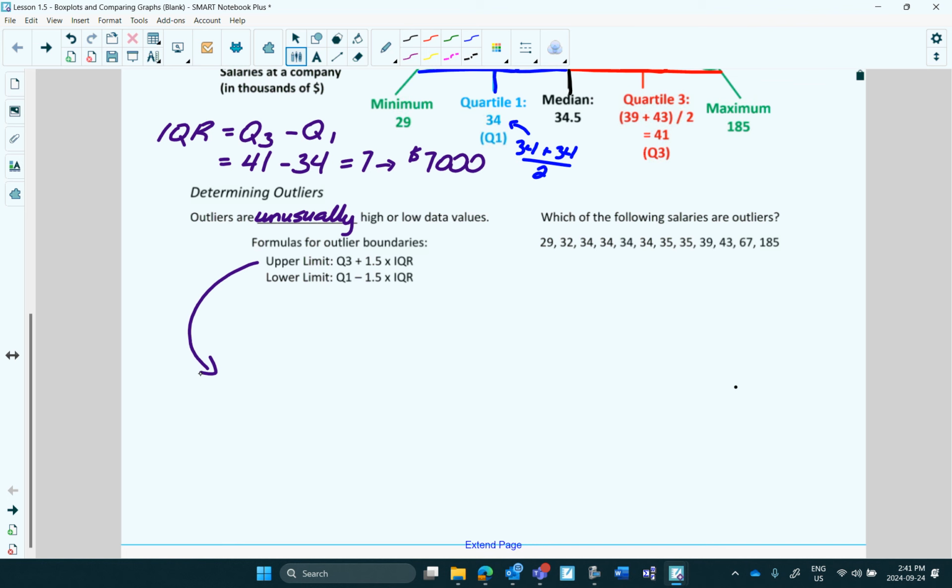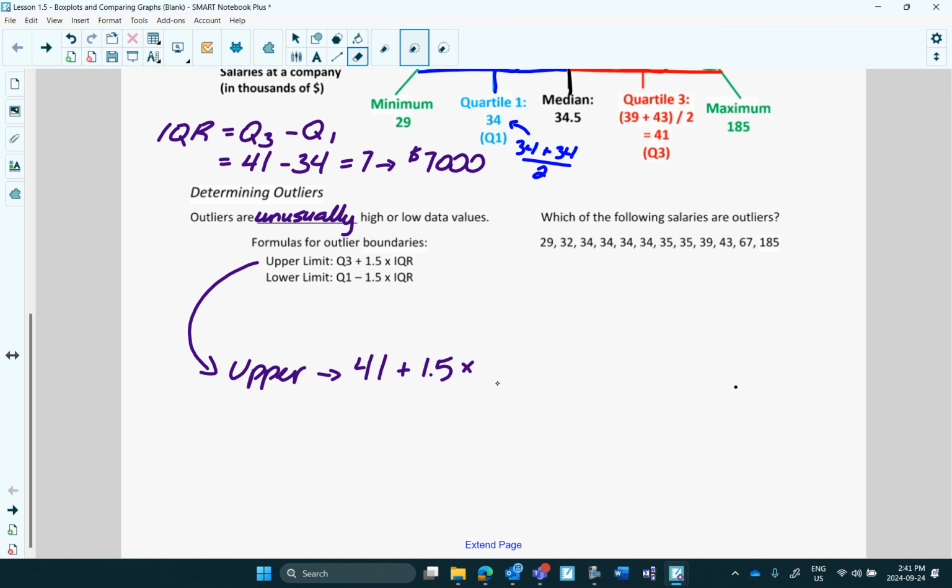in this example, we would take the value of Q3, which is 41, plus 1.5 times the IQR, which is 7.